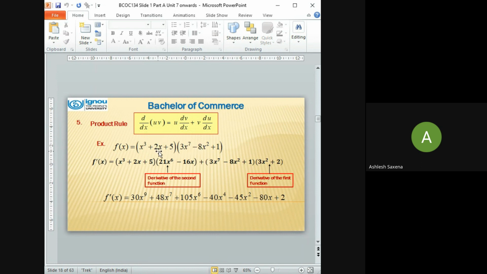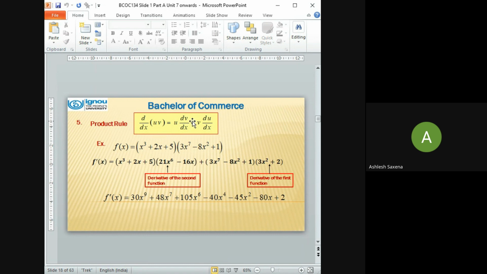I will keep the first bracket as it is, and I will be differentiating this. Its derivative will be 7 into 3, 21 into x raised to the power 6 minus 16 x raised to the power 1. And the derivative of constant is 0. This is what I have left.